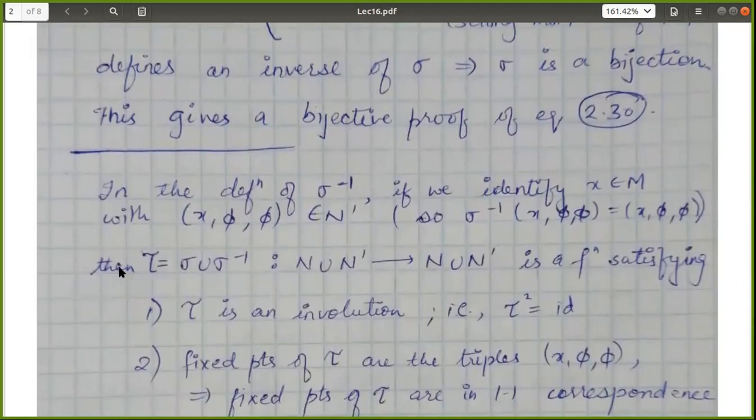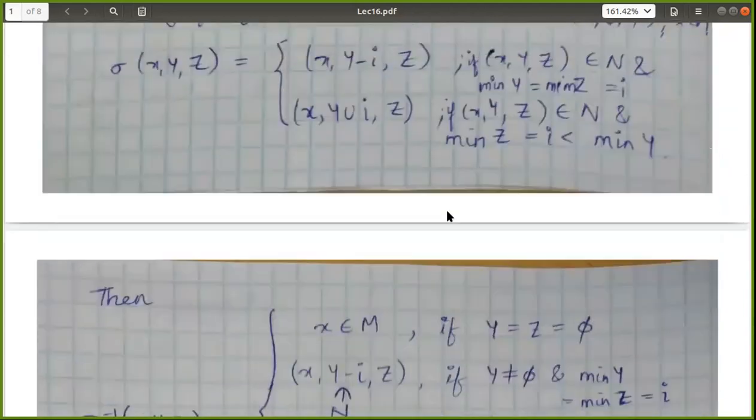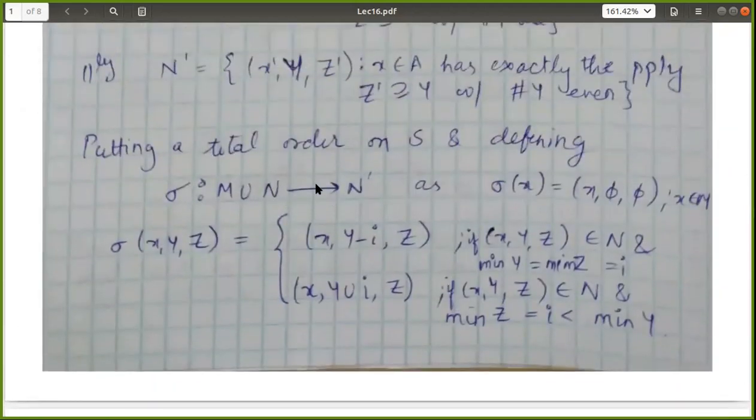Then the function tau, which you set as sigma union sigma prime, sigma inverse. So now this is a function from n union n prime to n union n prime, right? So these elements are taken off from the set of elements which we dealt with here.